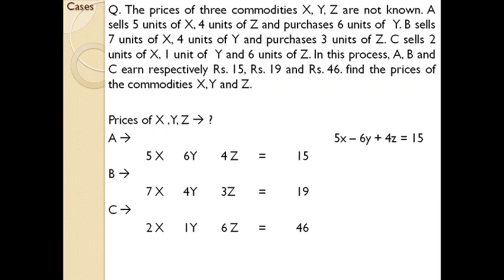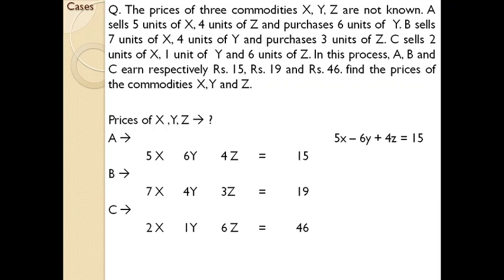Surely it will increase. If you have disposed of a good, you will earn income. When you earn income, the money in your hand increases. So whenever a sale is happening, in that case you will use the plus sign.